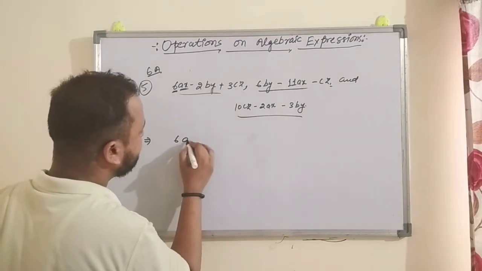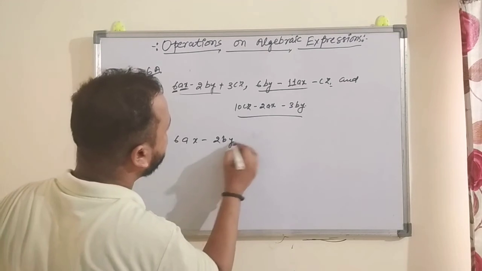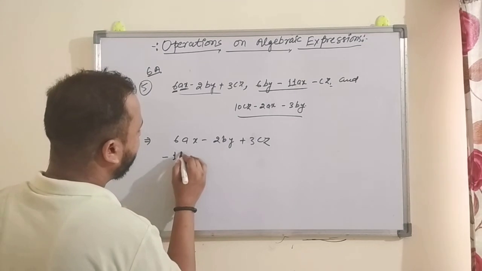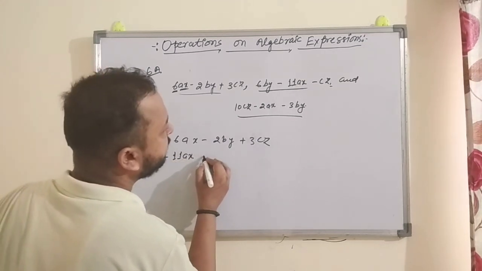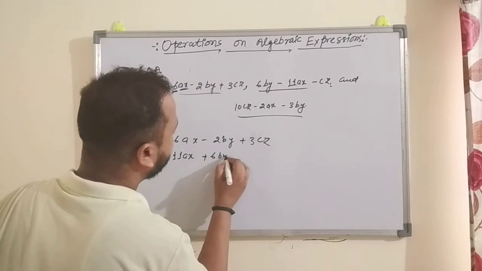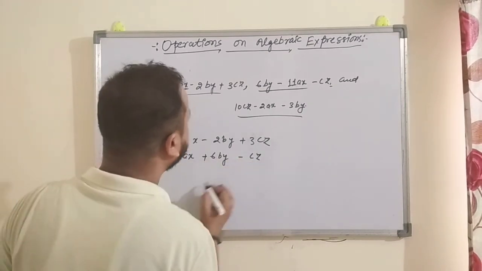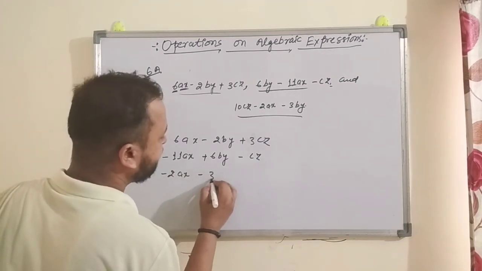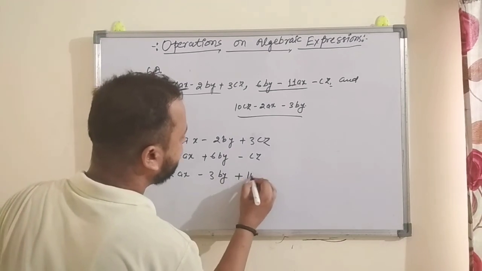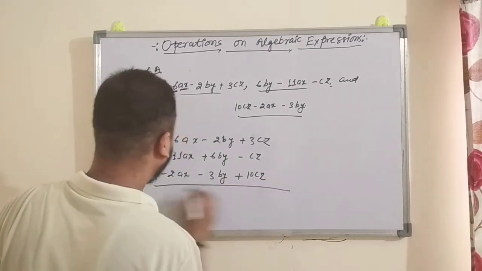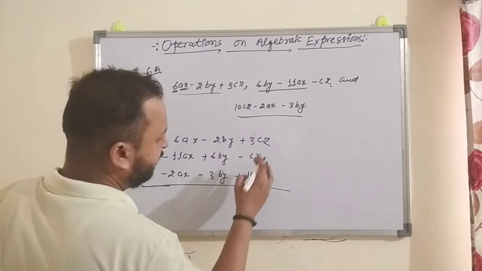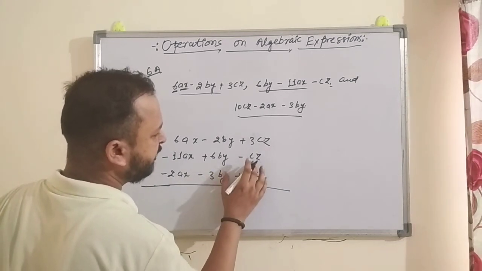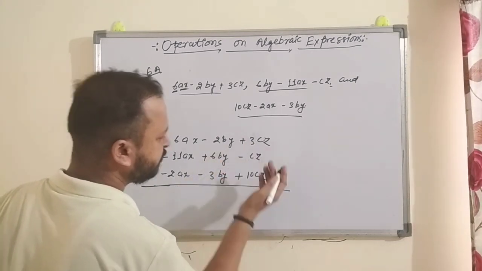So just write it as 6ax minus 2by plus 3cz, then minus 11ax plus 6by minus cz, then minus 2ax minus 3by plus 10cz. Just add them. 10 and 3 are with positive sign, and this is with negative sign. So 10 plus 3 is 13, 13 minus 1 is 12.